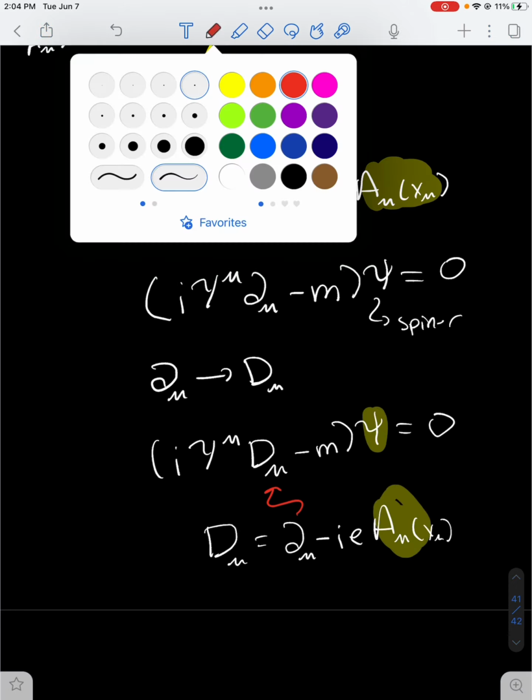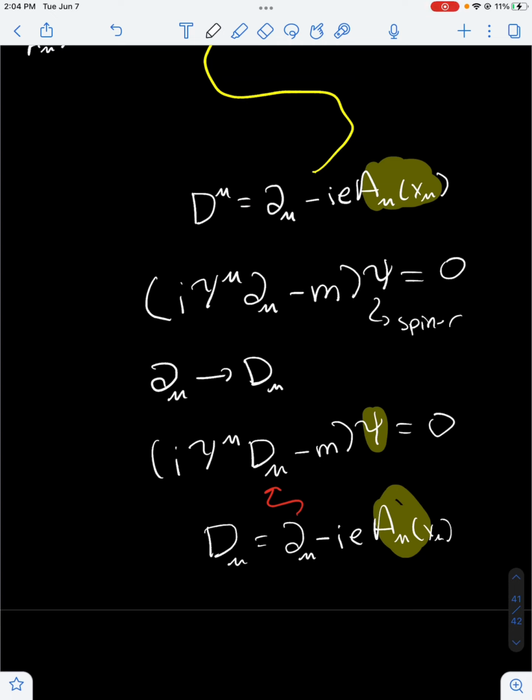Now the spinor field, well, we can consider the electron field, since the electron field is a spinor field. So we can consider the electron field specifically, and then we can consider the photon field, which is just the EM field again.